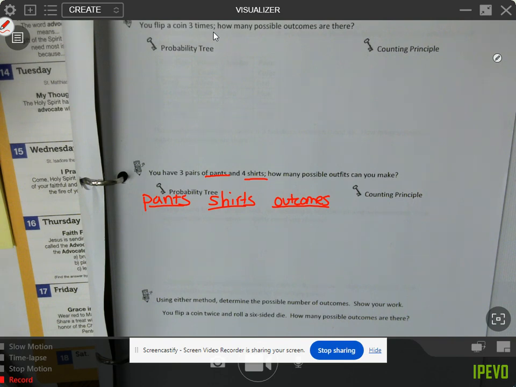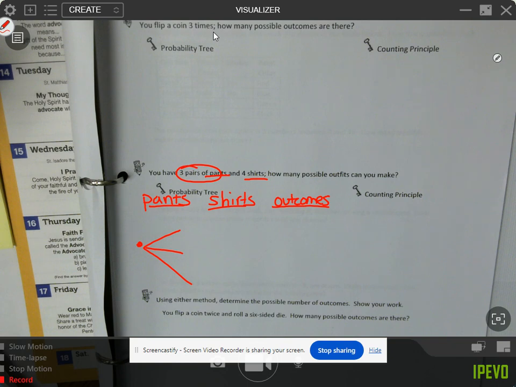So, I start off with my pants. How many possible outcomes can I get choosing pants? Ava. 3. I have 3 pairs of pants. So I have 3 possible choices, right?